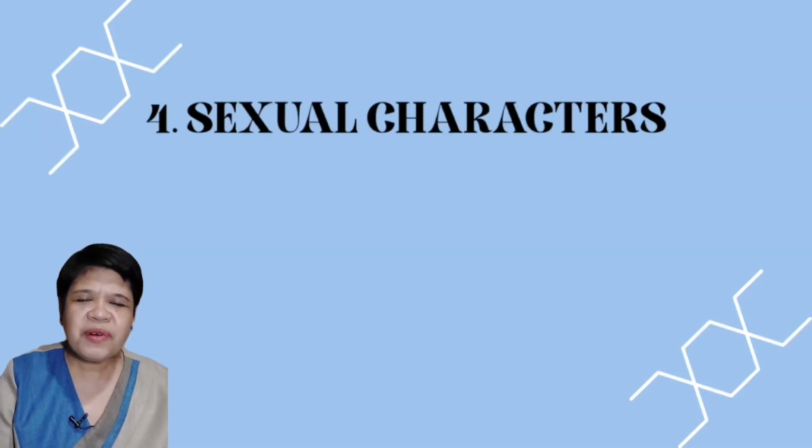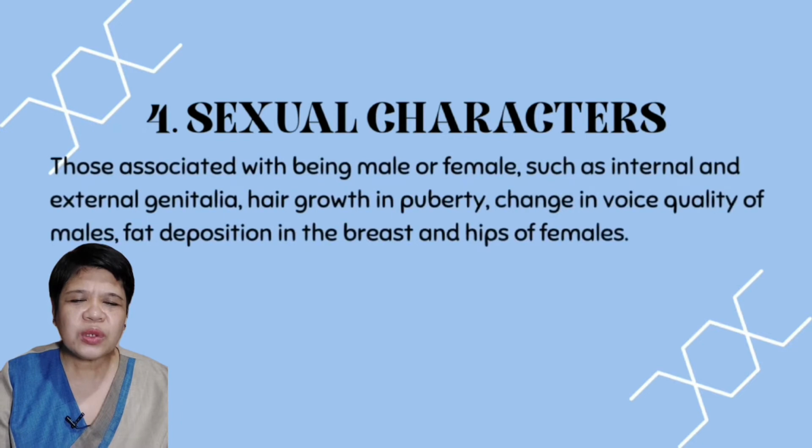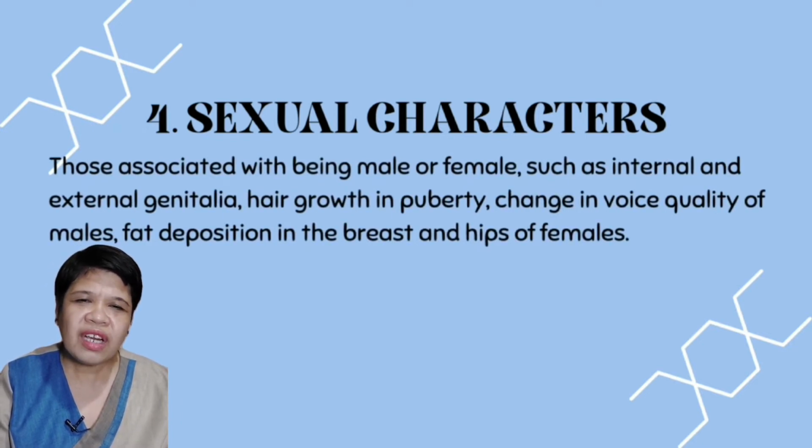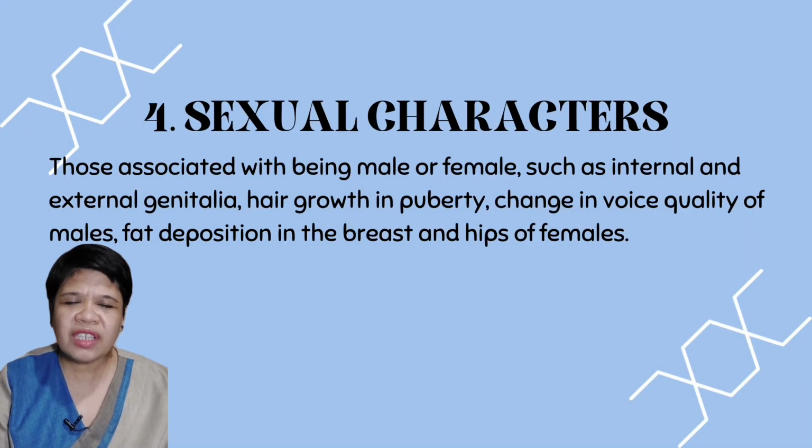So what is the number 4 character? We have the sexual characters, those associated with being male or female, such as internal and external genitalia, the hair growth in puberty, change in voice quality of males, fat deposition in the breast and hips of females.